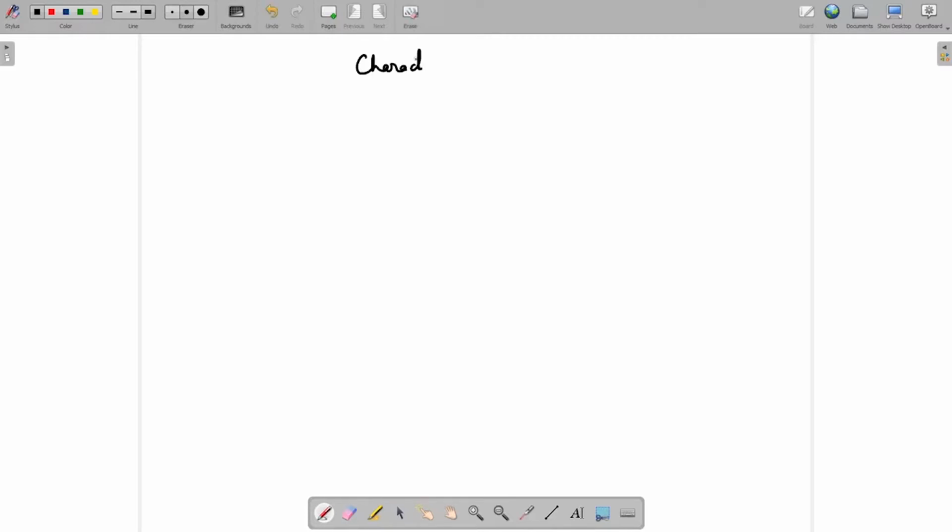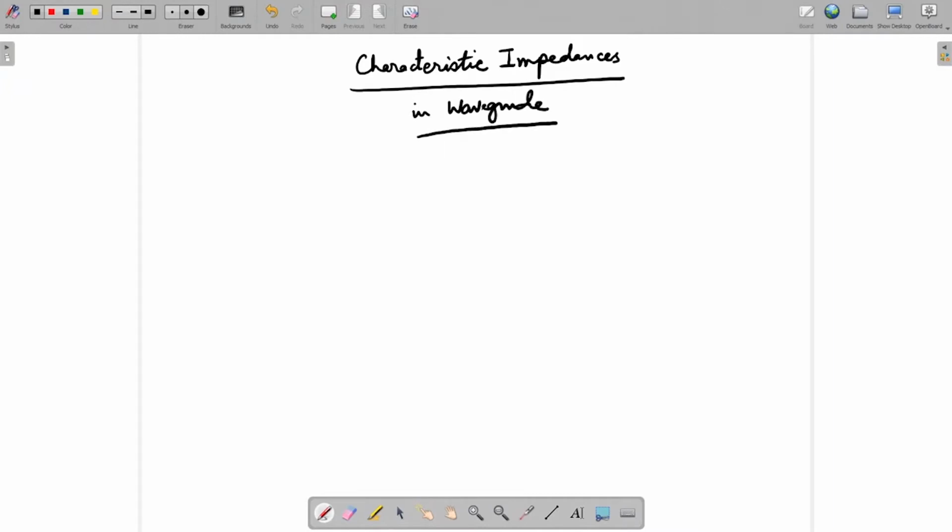So, we begin with the characteristic impedance of the TE and TM modes in the waveguide. So, let us write. Let us begin with the characteristic impedances of the TE and TM modes in the waveguide.